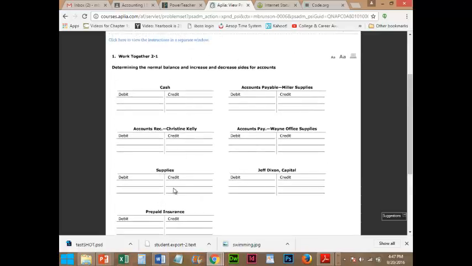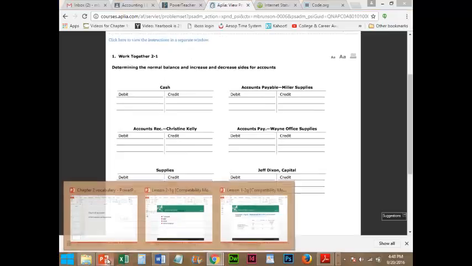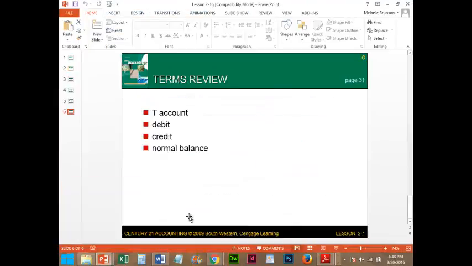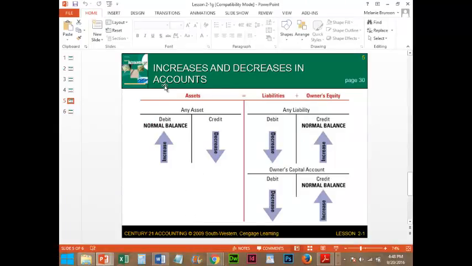All of those accounts are assets. And if we look back at our nifty little chart, any asset has a normal debit balance and increases with a debit.